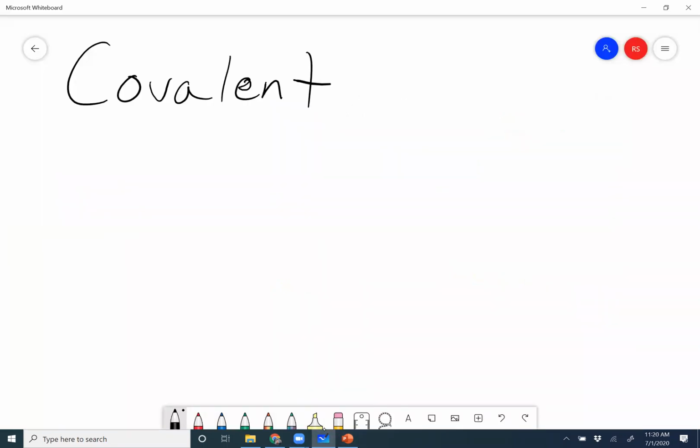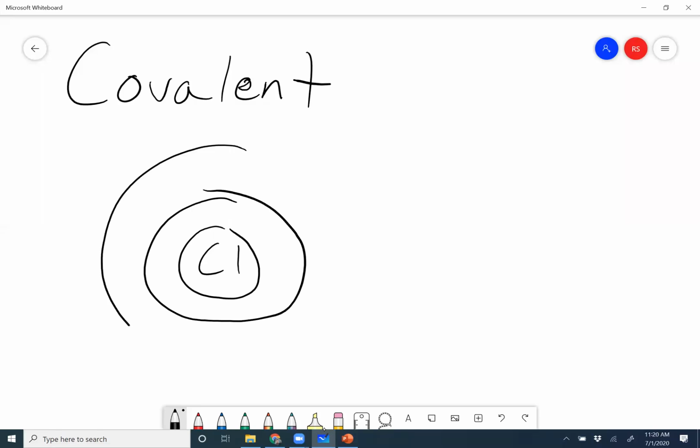So what happens when you have a covalent system is, say for instance, you're that chlorine, and that chlorine wants some electrons. It wants to fill its valence shell, but there's no sodium around. And you have your electrons here. You have 2 in your lowest shell, and then you have 8 in your second shell.